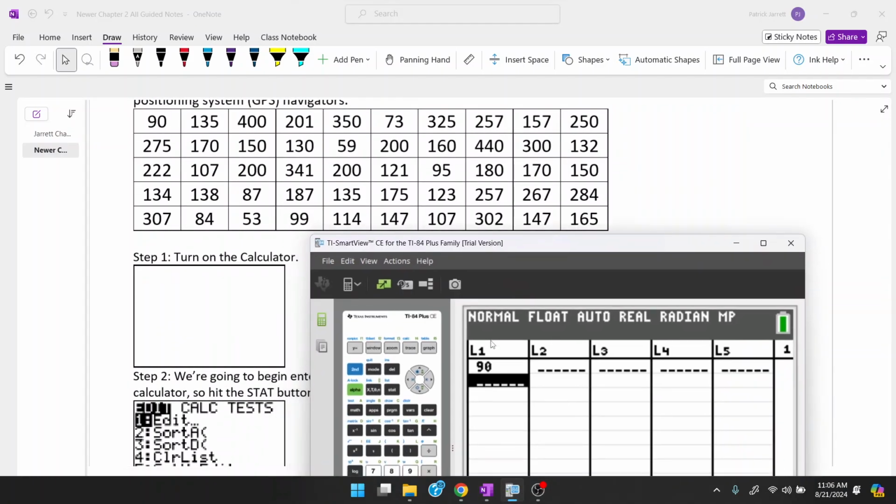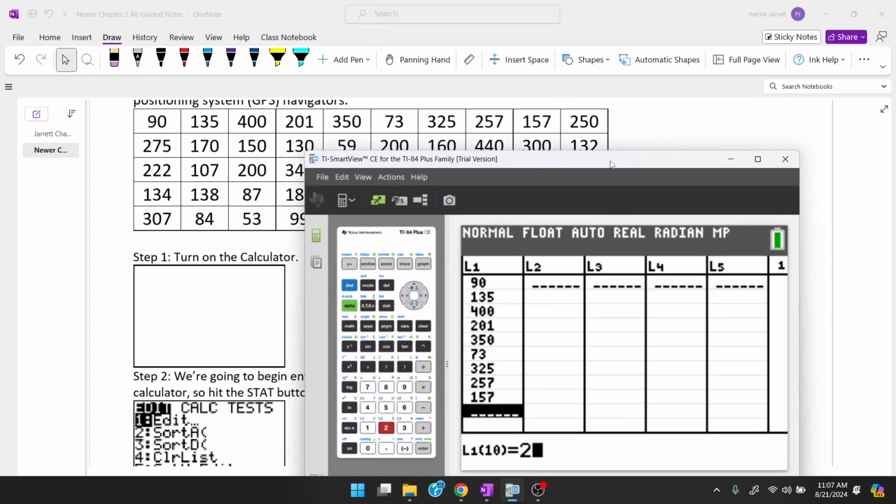So I'm starting with 90, then I would enter 135, 400, 201, 350, 73, 325, 257, 157, and 250. Now, here's the thing. So far, I have entered how many pieces of data? 10.